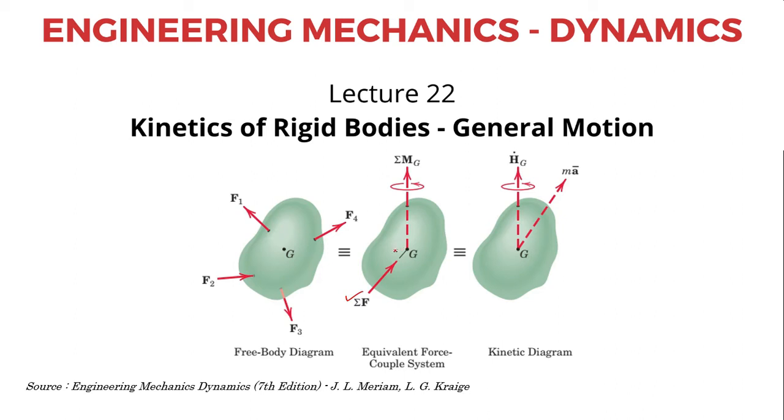This corresponding equivalent system can be obtained when a general system of forces act on a rigid body. So here I have drawn the free body diagram, the equivalent force couple diagram and the kinetic diagram. Okay, kinetic diagram as such, the corresponding sigma F will be indicated by mass into acceleration.